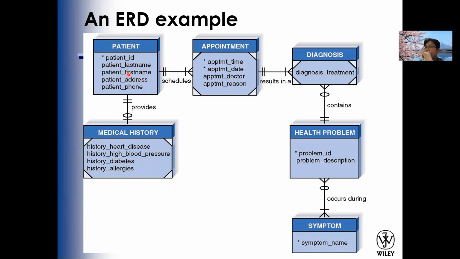But what is important in the ERD is that there is a line, and also there is the symbol. Some researchers say this is the Crowfoot style, like a chicken foot, ceker ayam. It means multiple.